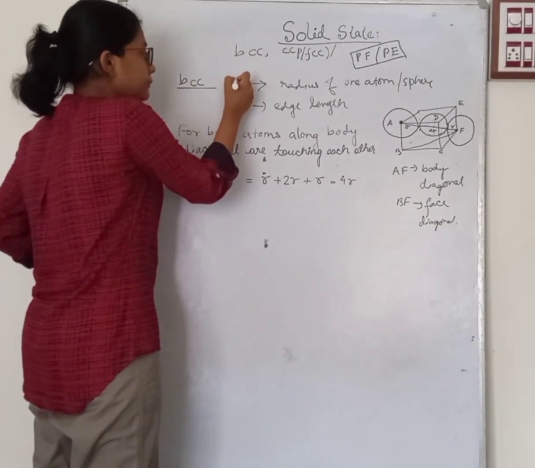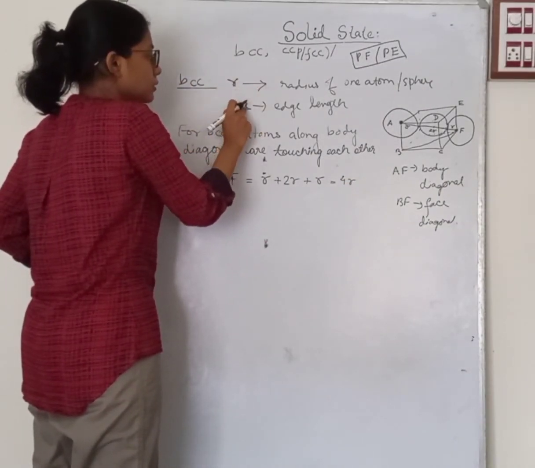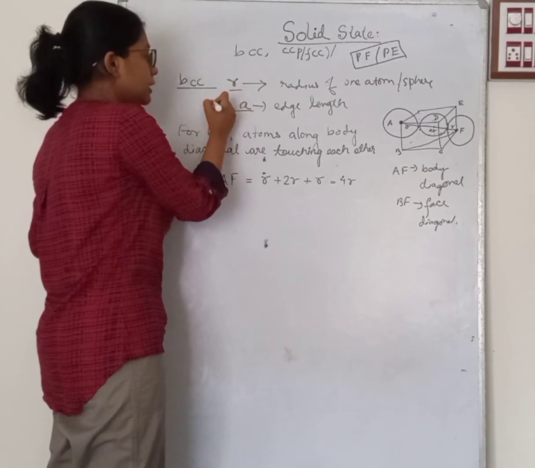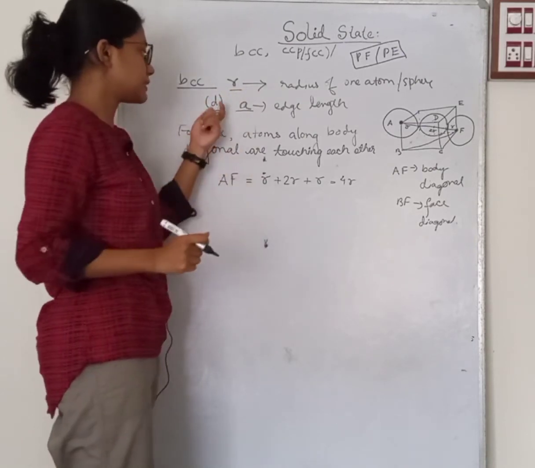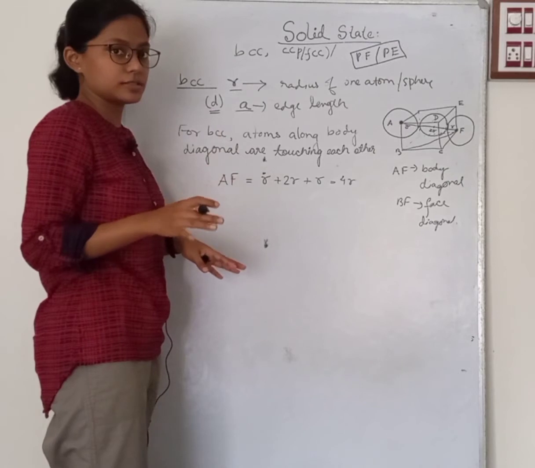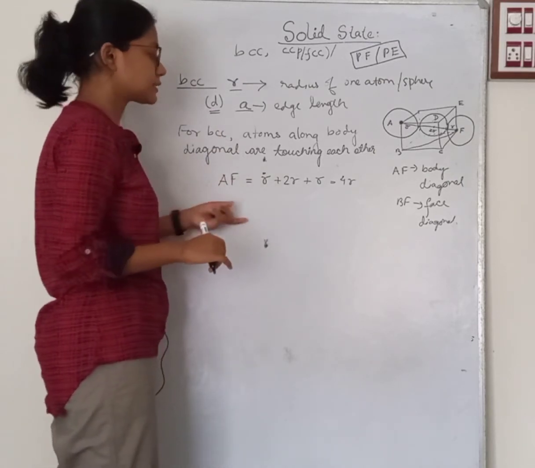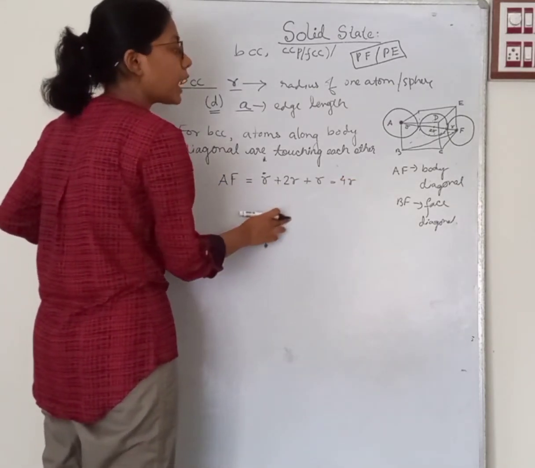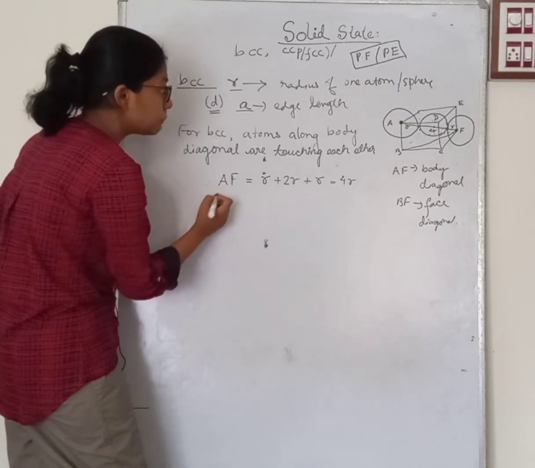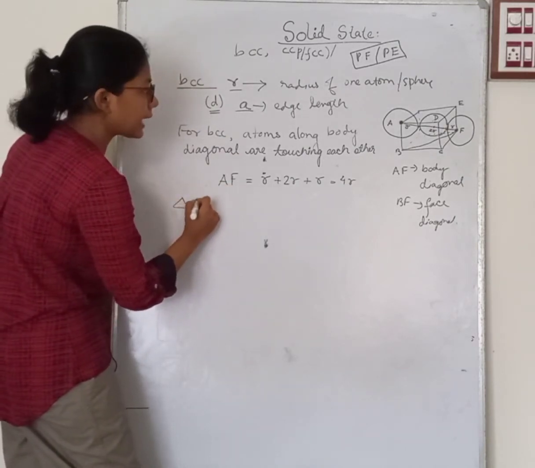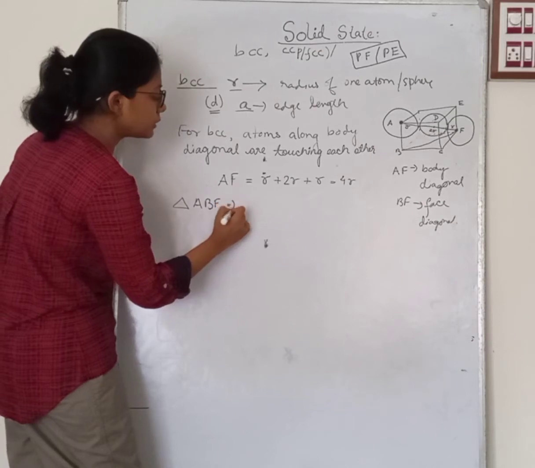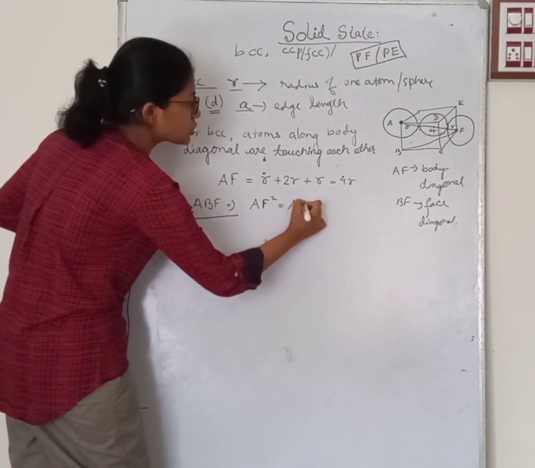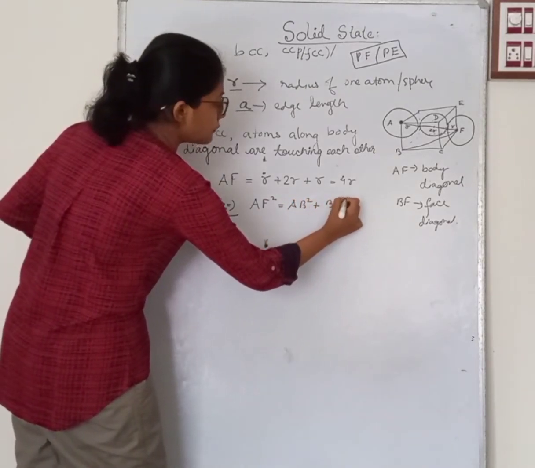We have already discussed the relation of edge length and R, and also D, the distance of the closest neighbor, in some calculations previously, right? Now I am discussing it again so that you don't forget it. Okay, so now AF is equal to 4R. But from triangle ABF, which is a right angle triangle, AF square is equal to AB square plus BF square.